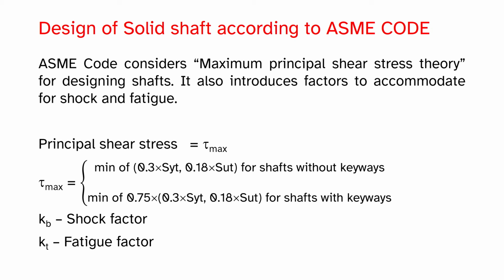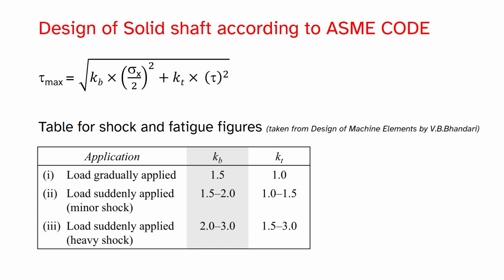SYT is the tensile strength of the material, while SUT is the ultimate tensile strength. KB and KT are the shock and fatigue factors. You can now see the formula for tau max as shown, which includes the aforementioned factors. The values of KB and KT are taken with respect to how the load is applied.